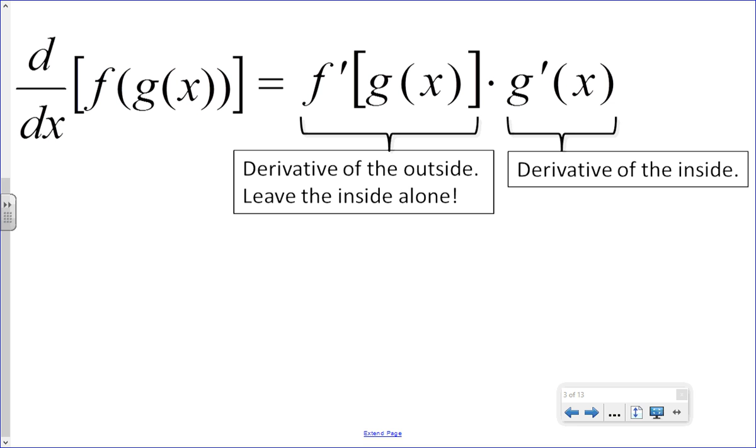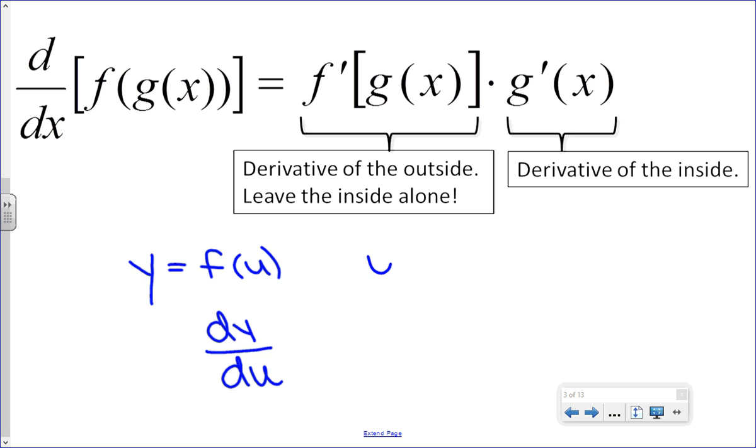Okay? Don't write this down. I just want to show you mathematically why this is the rule. Okay? Let's say that y is f of some function u. If this is the case, then when we take the derivative, we get dy du. All right?